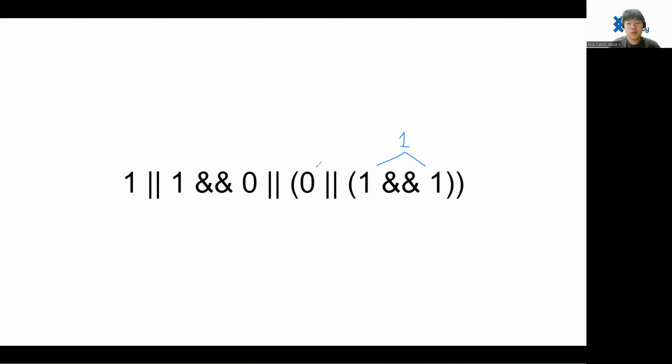As long as there is a statement that is true and you're comparing it with an or statement, the result will always be true. So let me just put that here. 1. Okay. Now we have no more parentheses, and now we know that it's a series of and or statements.